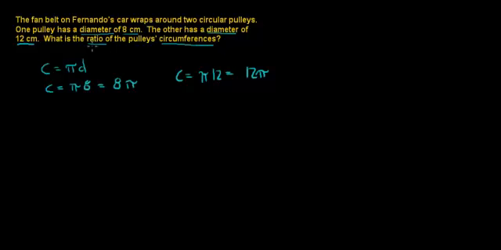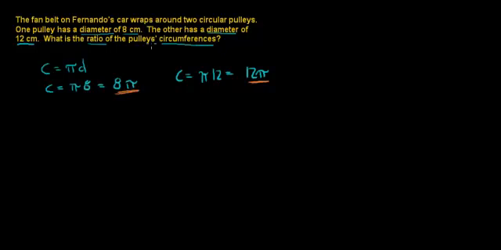Then they want the ratio of the pulley circumferences. Well, right now we have circumferences of 8 pi and 12 pi. Because we want the ratio of their circumferences, right now this is all we need. We don't need an actual number value like 22/7 for pi or 3.14 and then multiply that out. We can just leave these as 8 pi because we're going to reduce this down anyways.